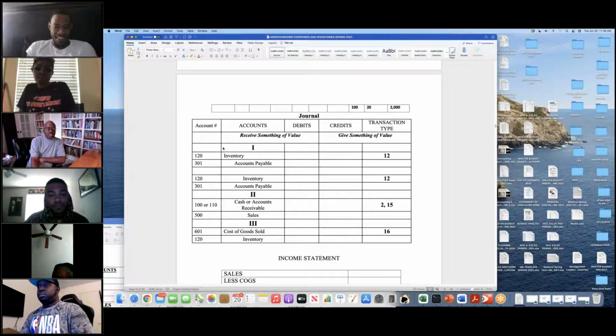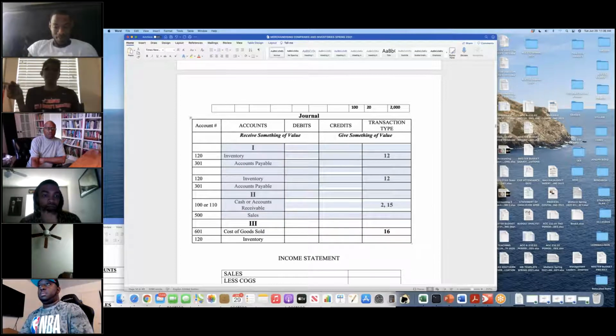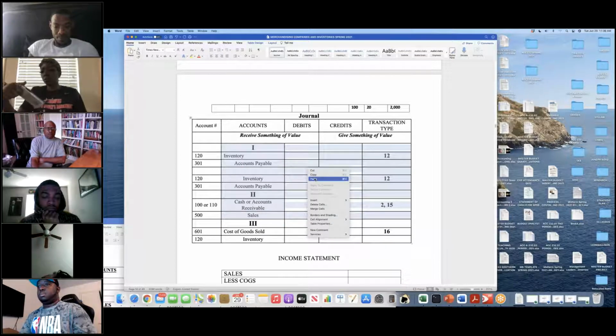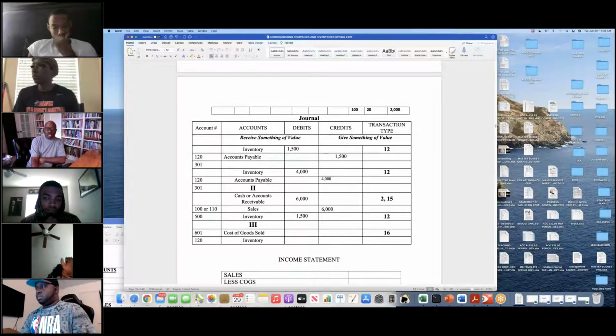There's no change in the journal entries. The only journal entry that's going to change is cost of goods sold.